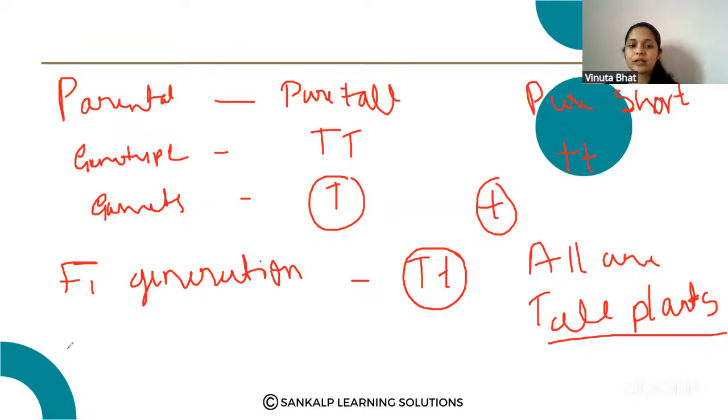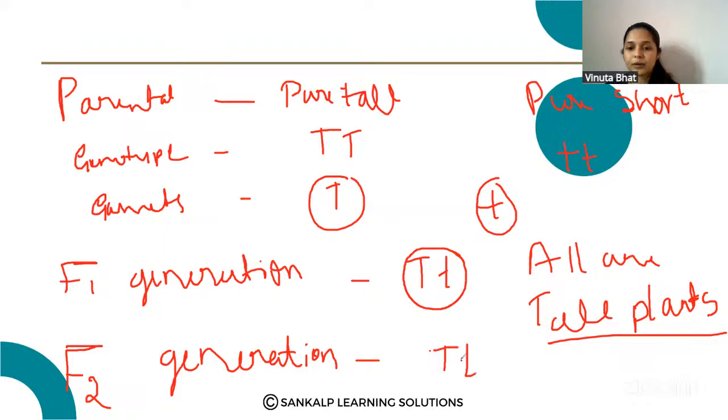Then we have to find out the F2 generation plants. What are the types of the plants found in the F2 generation? These capital T, small t plants are all tall plants, but having the genotype capital T, small t.